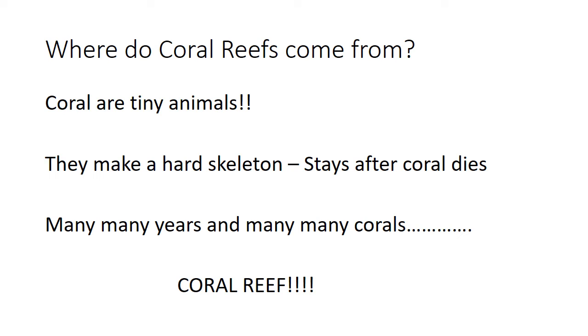When the coral dies, the skeleton stays. So after many, many years and many, many corals, we get a coral reef. Coral reefs can be very, very big structures. They are very important to all life in the neritic zone.